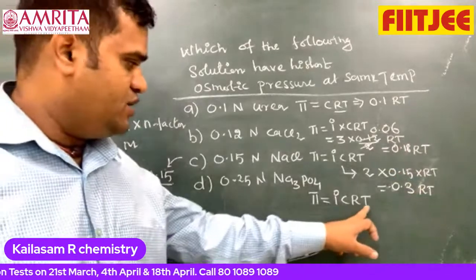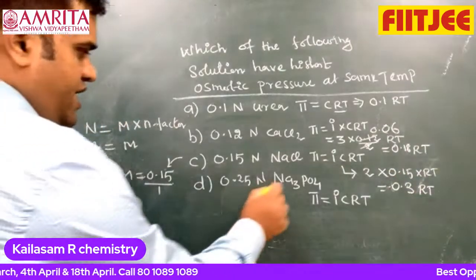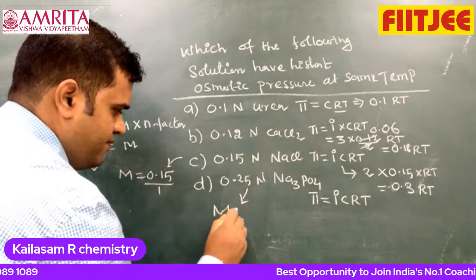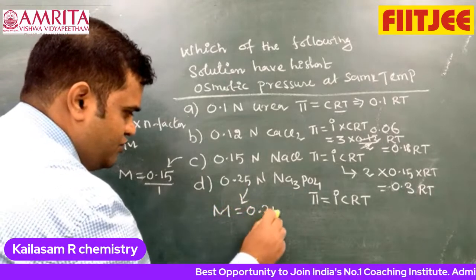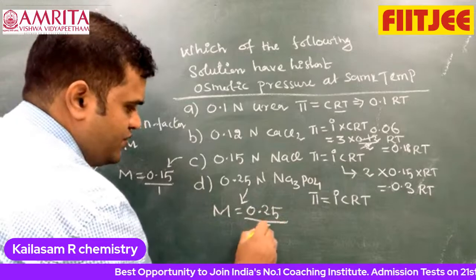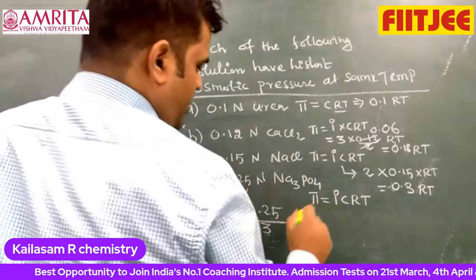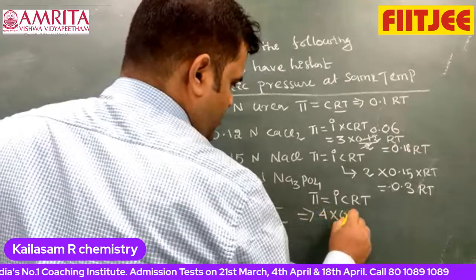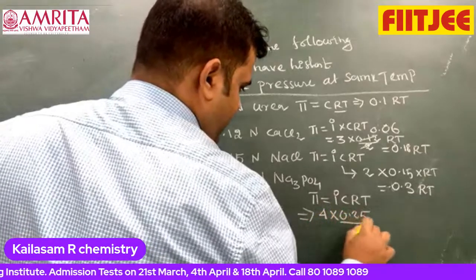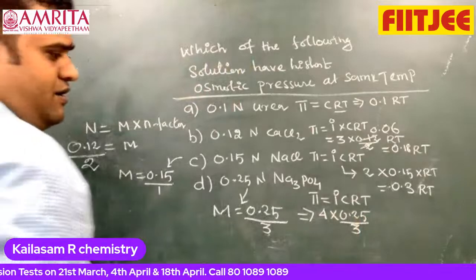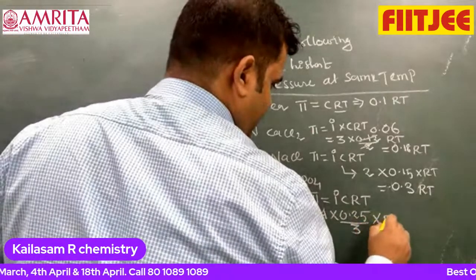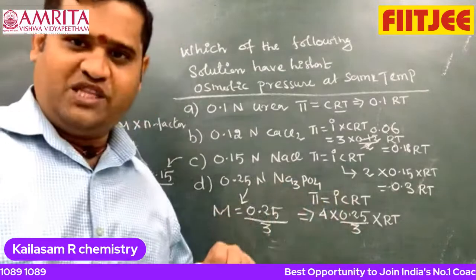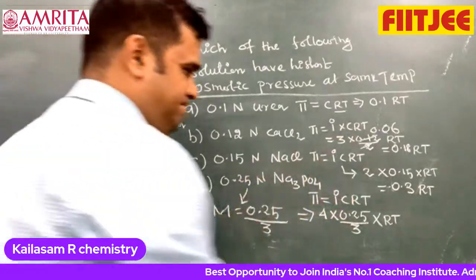This was a calculation mistake, very important to write down. Therefore for Na3PO4, M is 0.25 by 3. i is 4. We can take it as 4 into 0.25 by 3 into RT. 4 by 3 into 0.25, that means 0.33 RT.